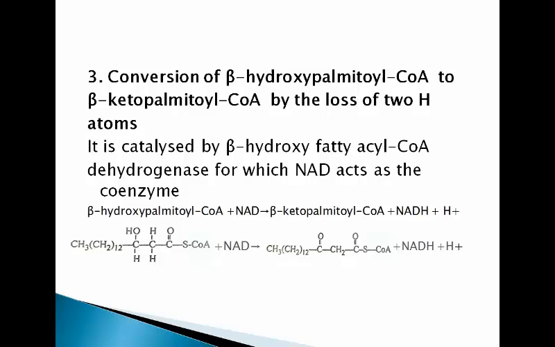So the keto group formation occurs, and thus beta keto palmitoyl-CoA is formed.